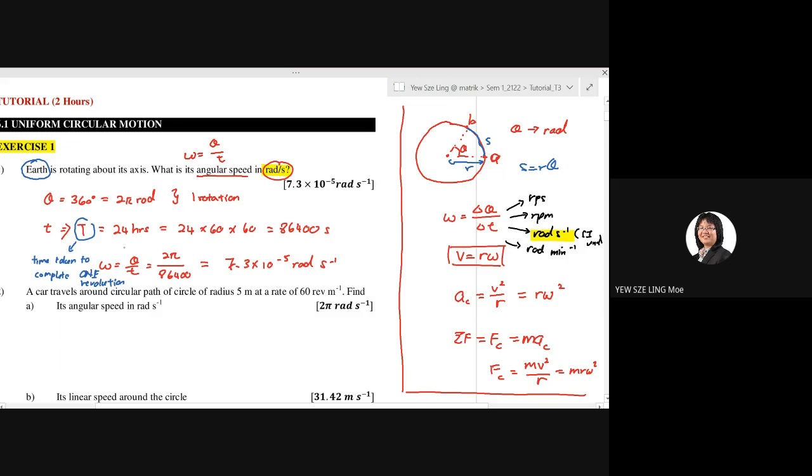Okay, so that is our question 1. So now I give you 2 minutes to write down the answer and also the summary on the right hand side. Try to write it down in your own words in a way that you can understand. So 2 minutes for you to write it down, and then we will continue with question number 2.